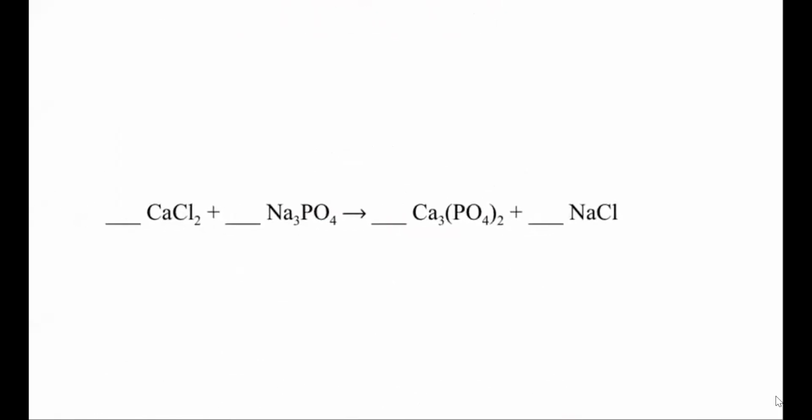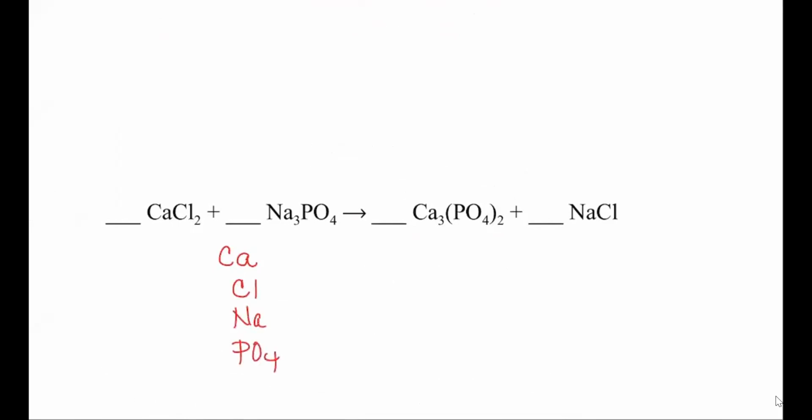See, look at this problem. Look at H. See how phosphate is together? And then you see it as PO4. So when you have things like this, I will say, oh, I have calcium, I have chlorine, I have sodium, and I have PO4.